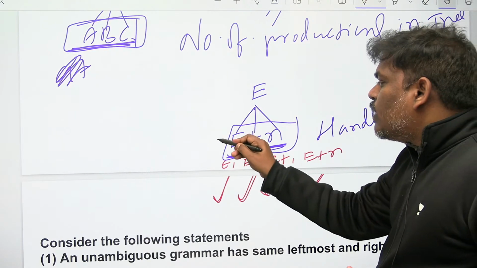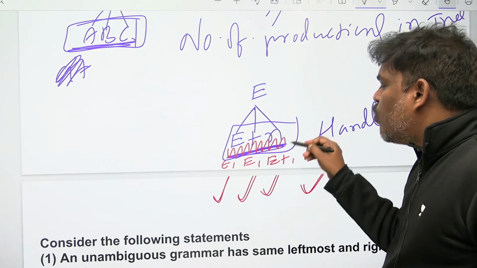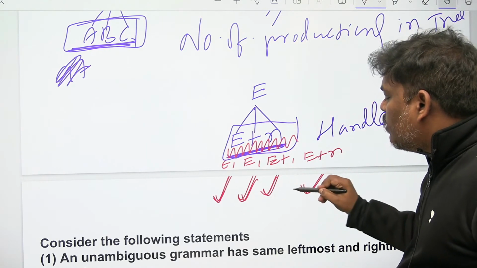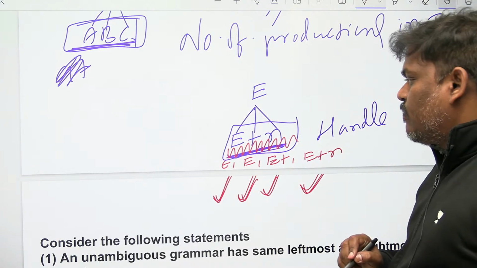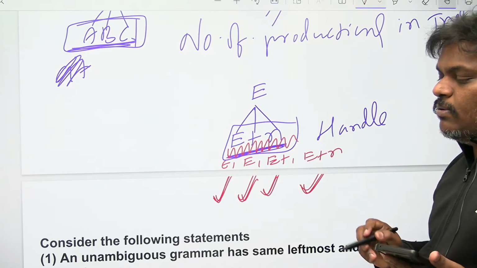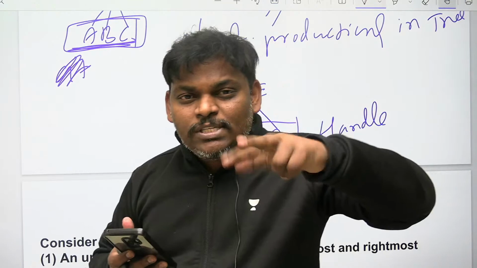So in this whole handle making process, whatever prefixes will come, they are called viable prefixes. Handle is also one of the viable prefixes.